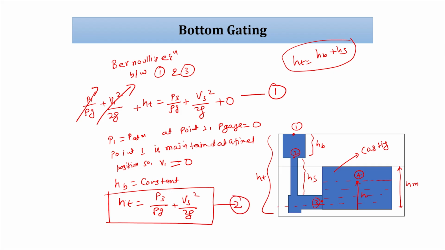Now, we have to get P3 and V3 so that we can calculate the velocity at the in gate, at the entry of the mold. So, we have to get the value of P3 first. There is another relation we can obtain between P3 and P4.